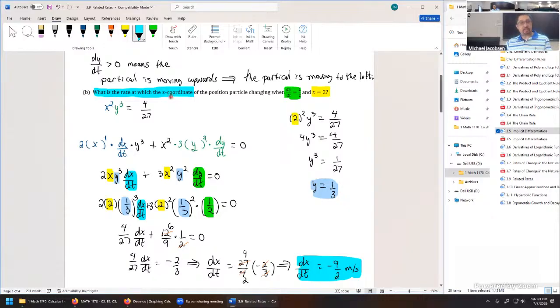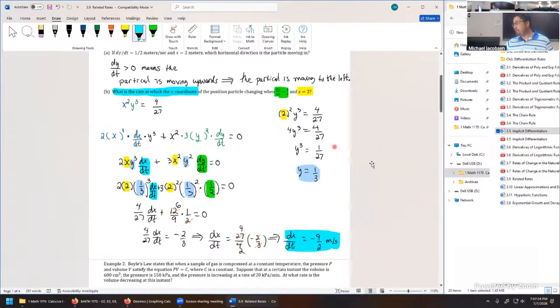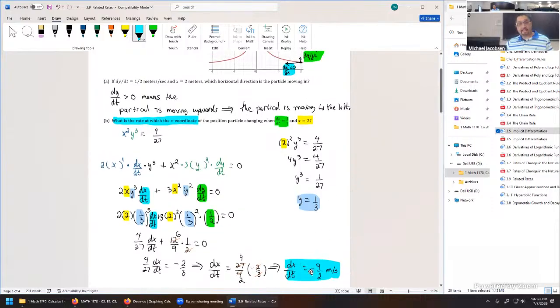So that's the rate at which the x-coordinate is changing. It's negative, which guarantees it's got to be moving towards the left. That's what part A was all about. It's kind of just a mental check on where the particle is, and what direction it is going if dy/dt is positive in the very first place.